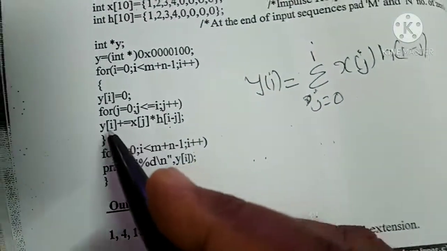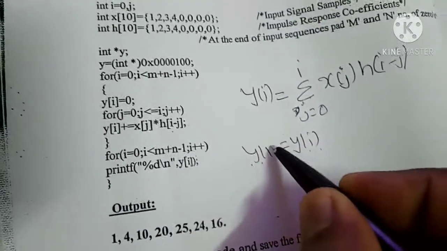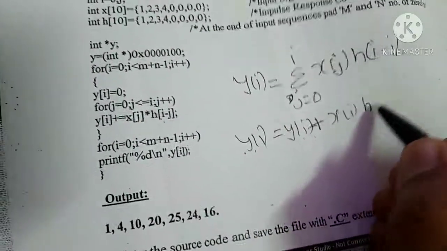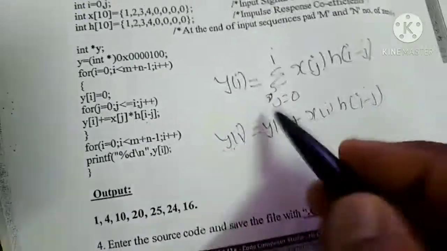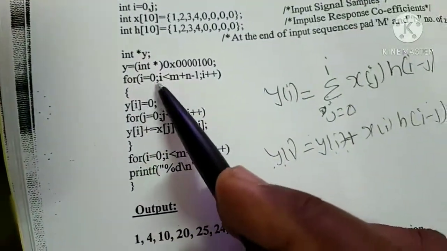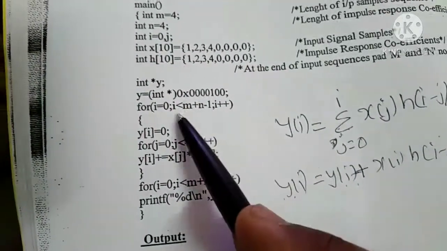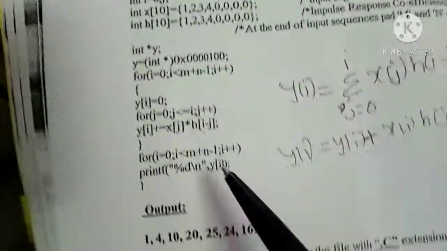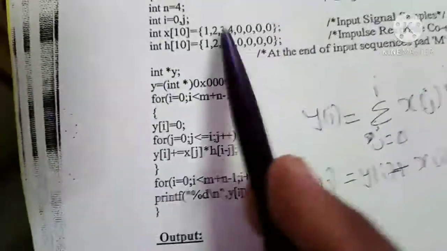Summation I can write as y of i plus x of j and h of i minus j, and for the summation symbol I can put one for loop. So they have put one for loop. The value of i starts from 0 and goes to less than m plus n minus 1, where m indicates the length of the first sequence, n the length of the second sequence, and minus 1. Only 4 values are there; this is just for our understanding.